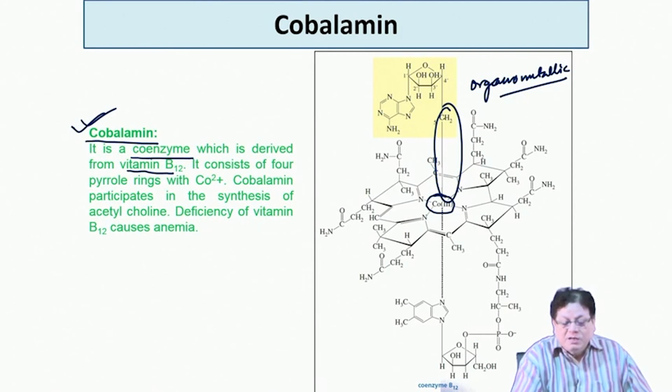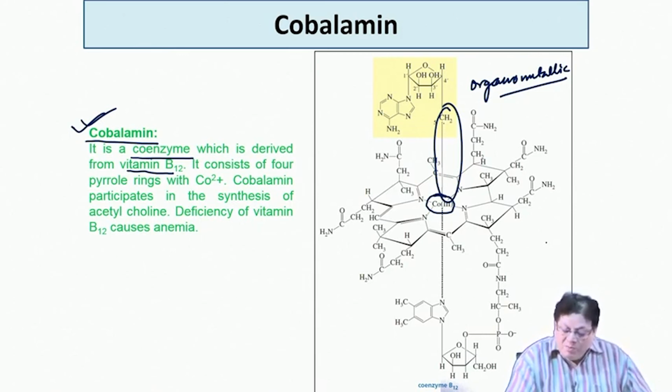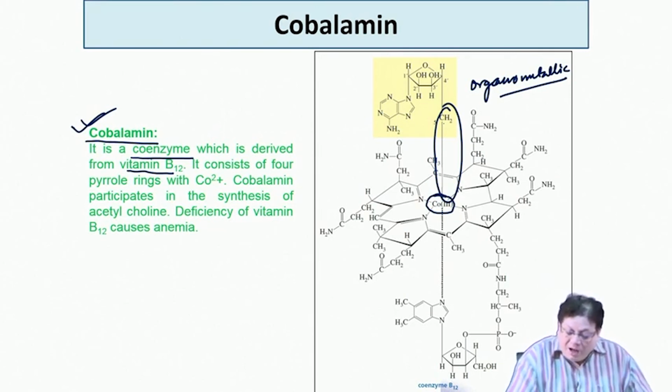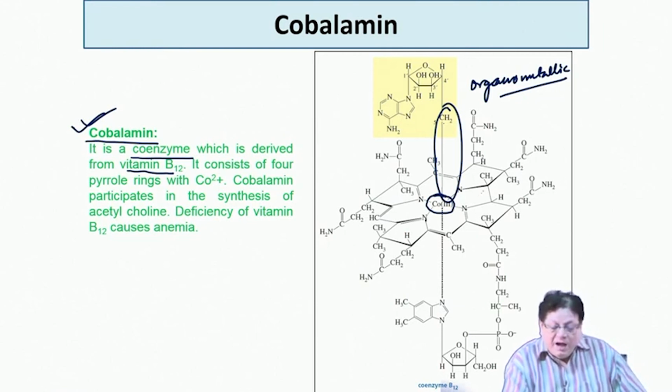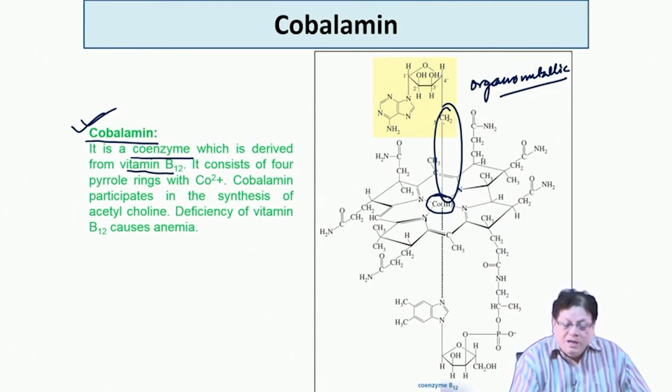So, this is adenosine. The CH2 is attached to the cobalt by a covalent bond. Of the hexa-coordination, 4 sides are occupied by these nitrogens, and of the other 2 sides, one is the CH2 of the adenosine, and the other is this.